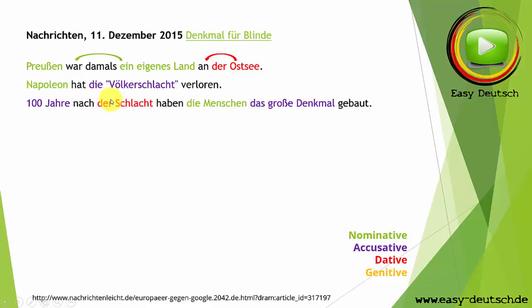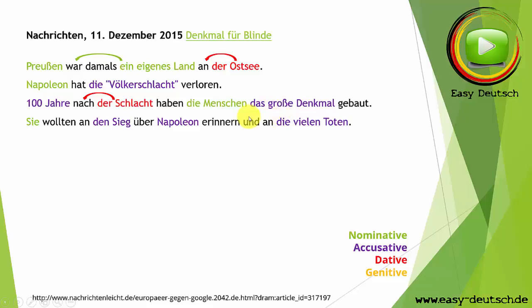Nach der Schlacht, that is referring to the time as well, but nach is a preposition, so we use dative case because nach requires dative case, always. Die Menschen is the subject, so nominative case, and das große Denkmal is the direct object because that's what they built, so accusative case for the big memorial.